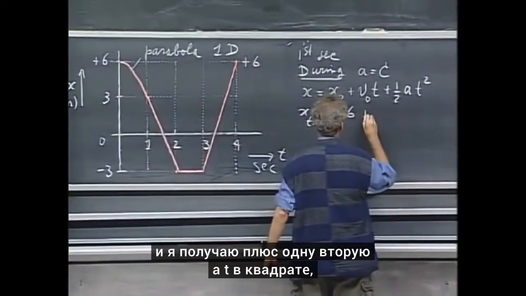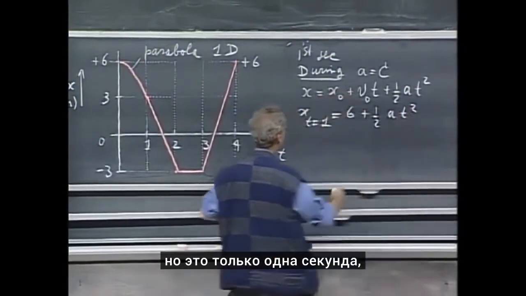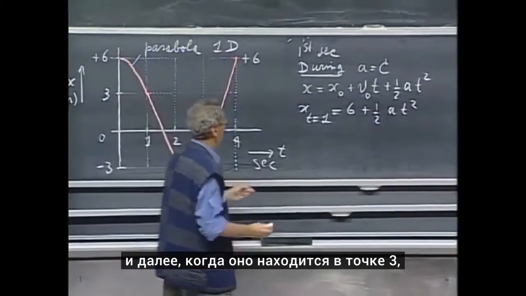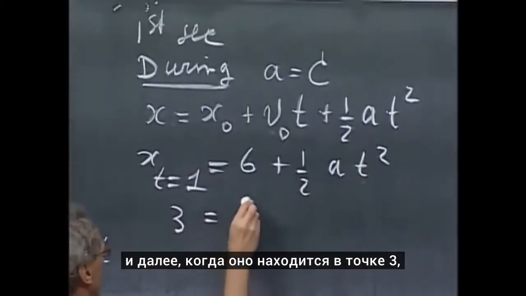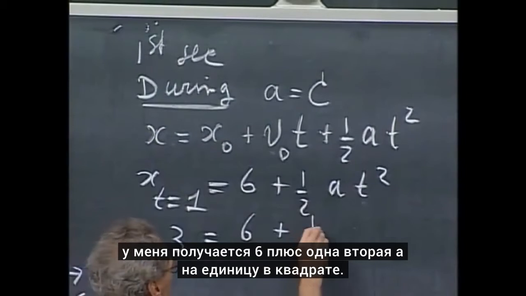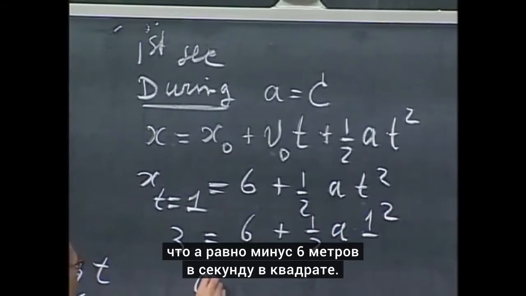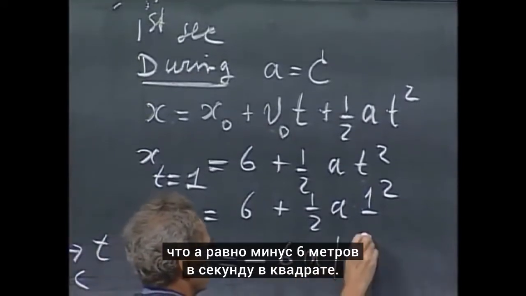And I get plus 1/2 times at squared, but this is only 1 second. And so when it is at 3, I have 6 plus 1/2 a times 1 squared, and so you'll find that a equals -6 meters per second squared.